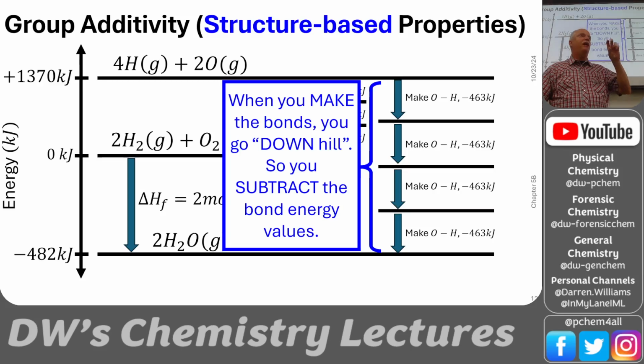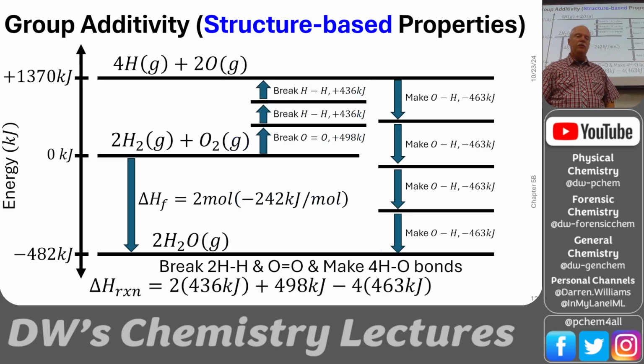Yeah, so if we're breaking those bonds, we're going to add up those values. And then when we're making the bonds, we're going to subtract them. Yeah, and so that's where we're headed for that problem. So here we broke 2 H bonds. So there's the 463 from this table. It's 2 of those. And we break an O2. And so that's the 498.